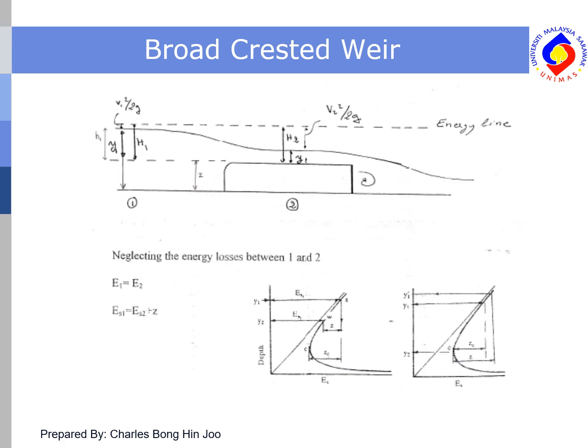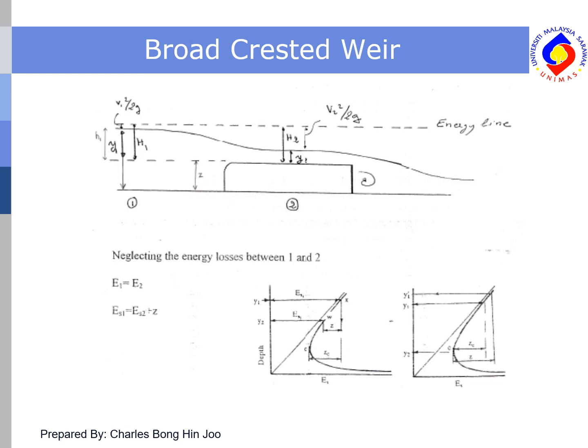But because at section 2 we have the weir there with the height of z, then the energy at section 1 will be equal to energy at section 2 plus the z.